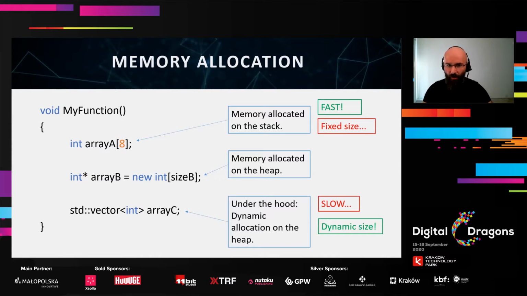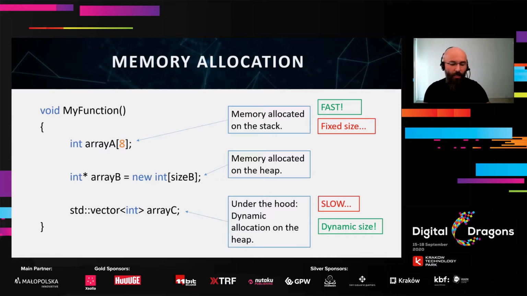It's much slower to use, but we have a dynamic size, and the array grows whenever we add more elements. More elements are allocated on the heap, and if we need a bigger size, we need to copy elements from the previous allocation to the new allocation. So there are many more memory operations involved here.